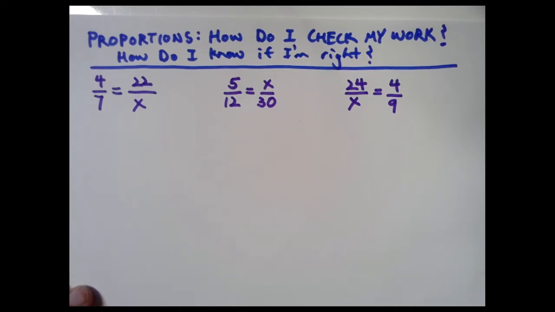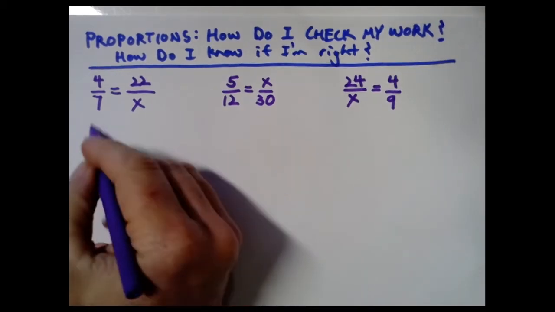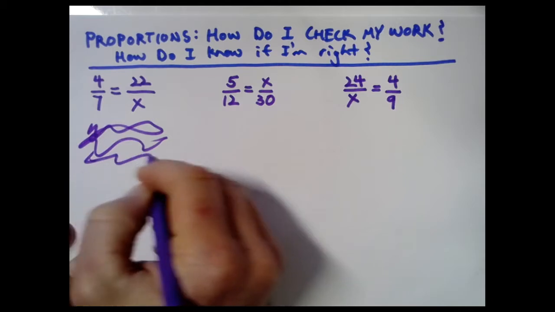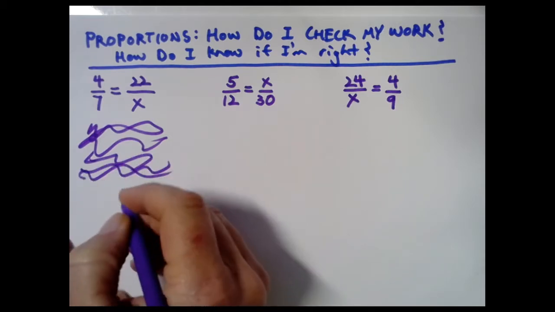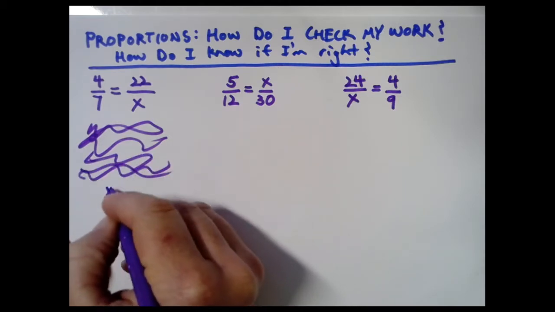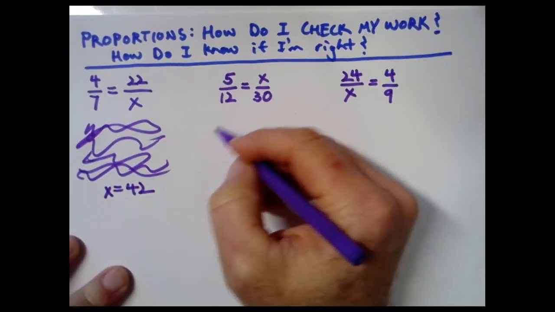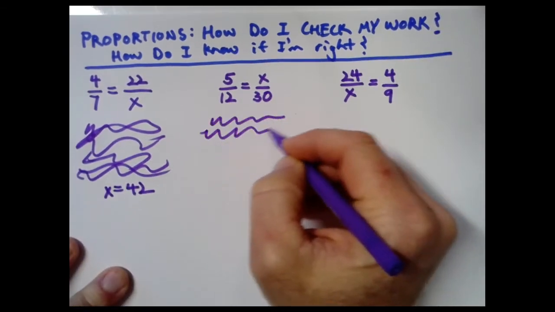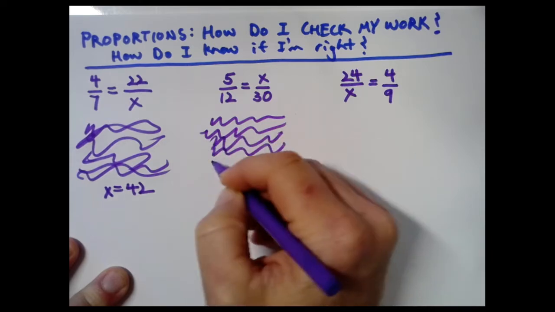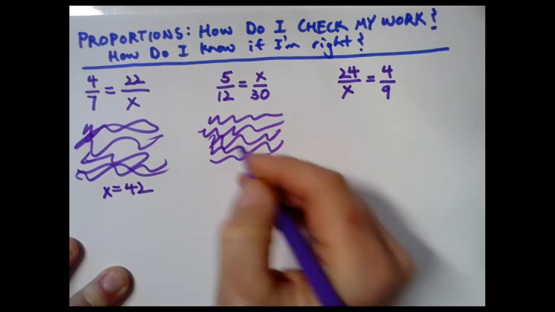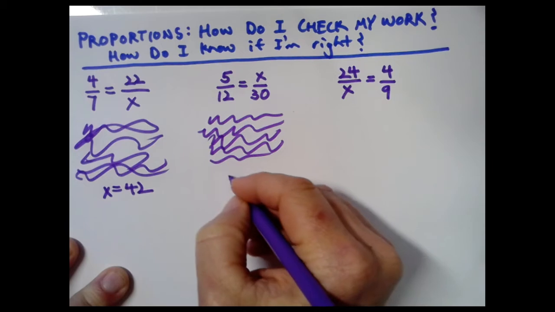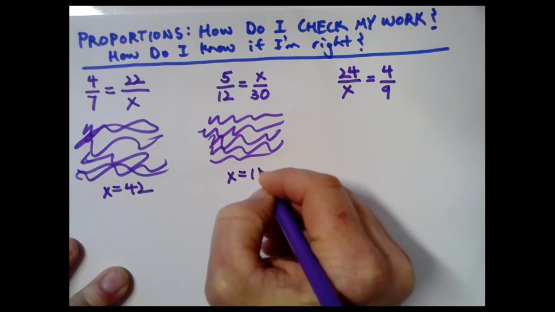Well, it's quite simple. Let's say you had these three problems and you showed all your work and came up with x equals 42 on this one. And on this one, showing my work, teacher loves me, you got 12 and a half.